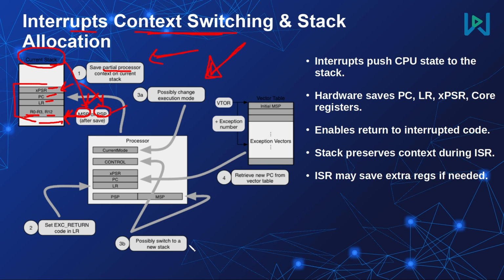Interrupt and exception handlers will always use the main stack pointer, and hence if the program before jumping to the exception or interrupt has also been using the main stack pointer, then nothing will happen and we will keep using the main stack pointer area. However, if the program has been using the process stack pointer, then of course the hardware will switch to use the main stack pointer.